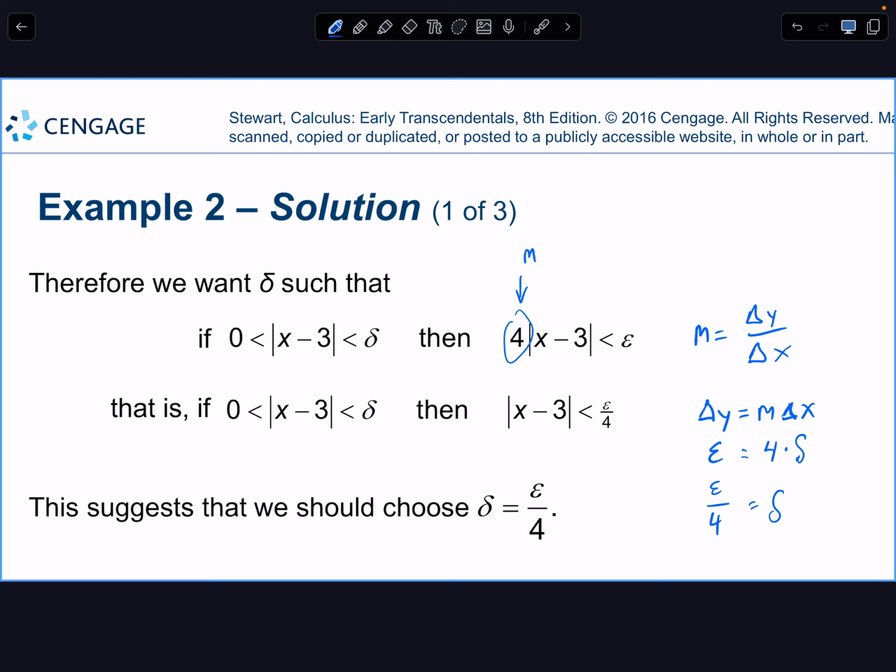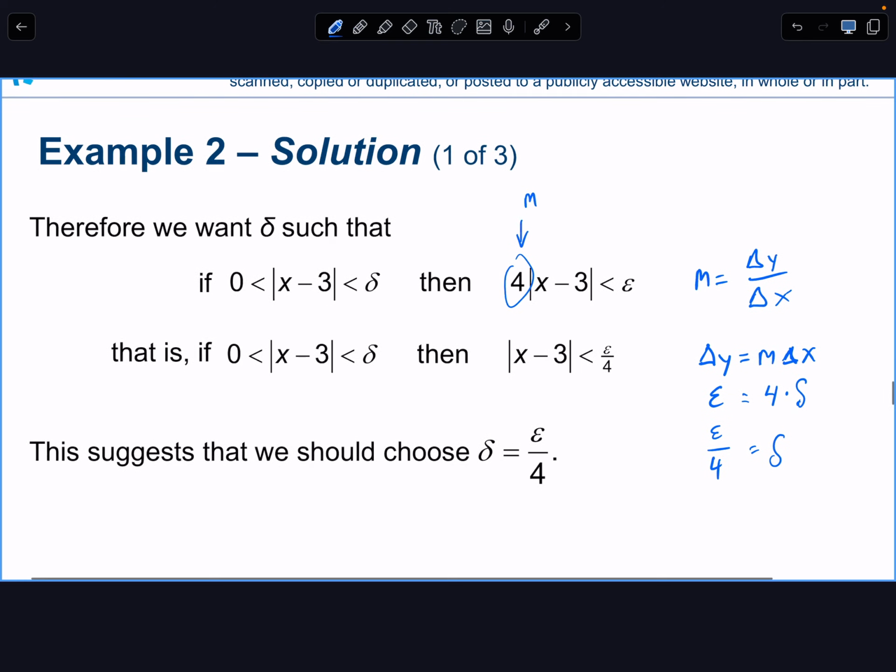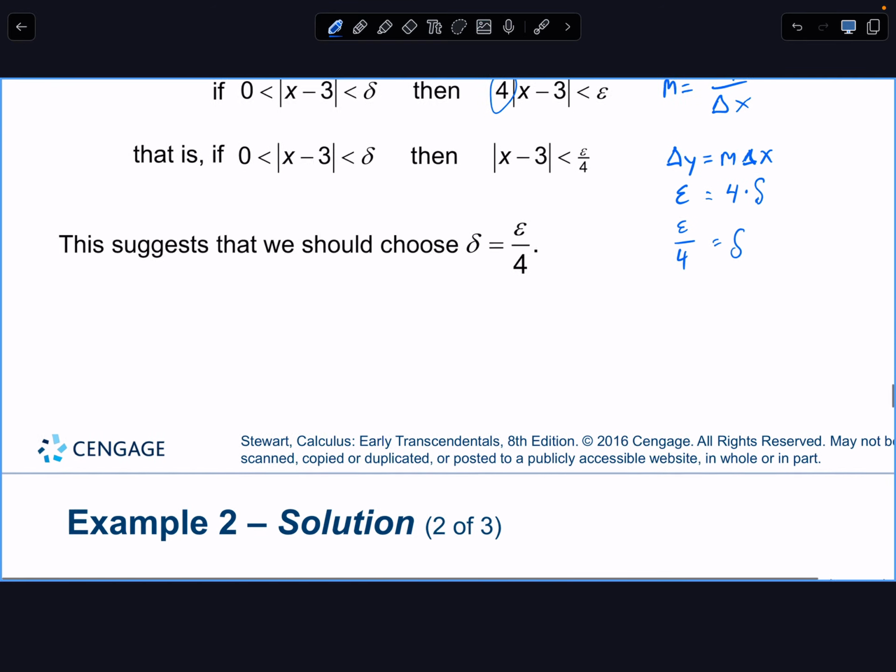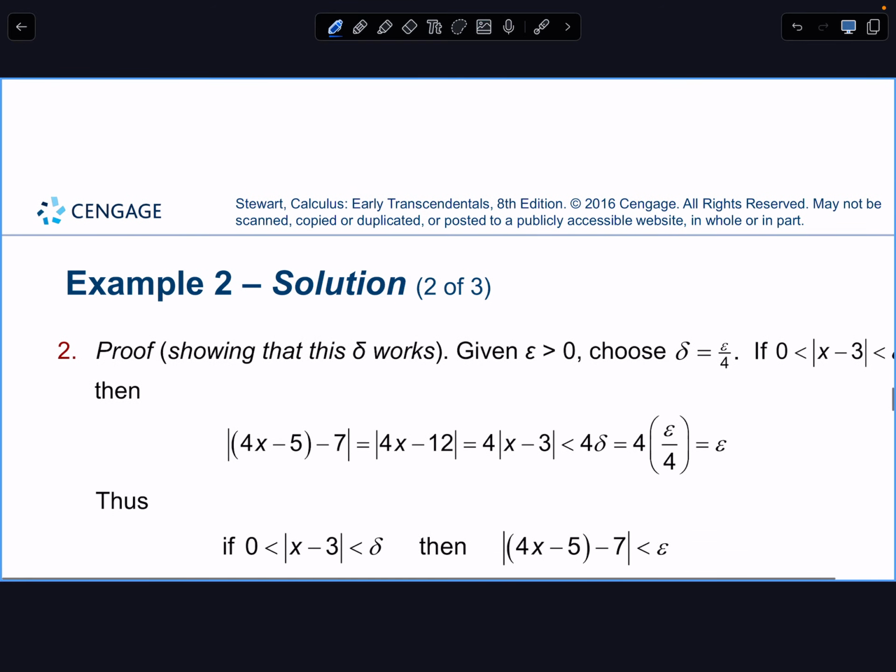We need to make that little x tolerance 4 times smaller, and that's what will get it done. Because the function magnifies any change along the x-axis, multiplies it by 4, and that's how much change you're going to get along the y-axis.